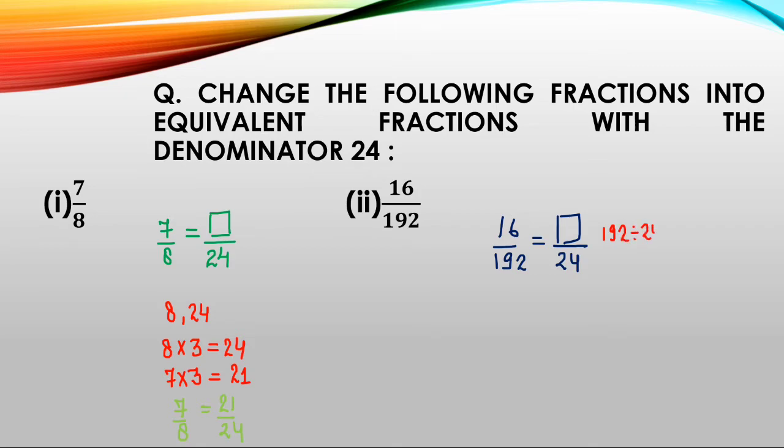We will get 8. That means 192 divided by 8 is equal to 24. Therefore, if the denominator is divided by 8, the numerator will also be divided by 8. So 16 divided by 8 is equal to 2. Thus, 16 upon 192 is equal to 2 upon 24.